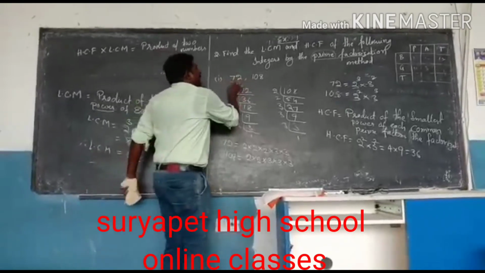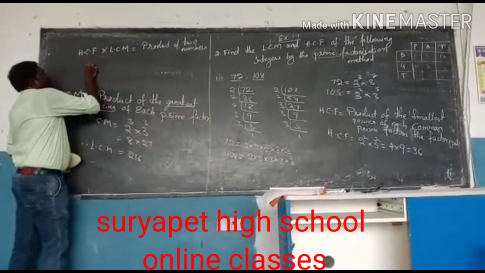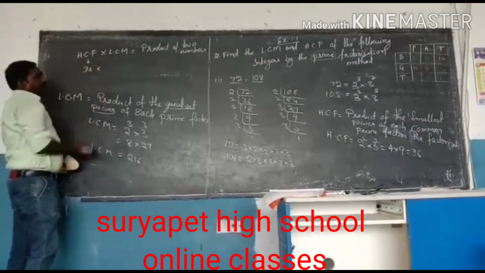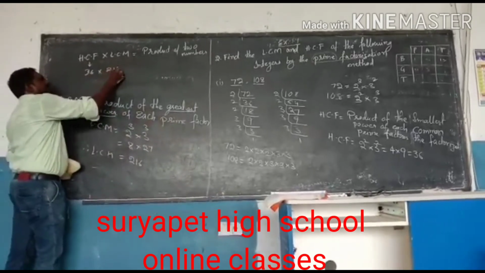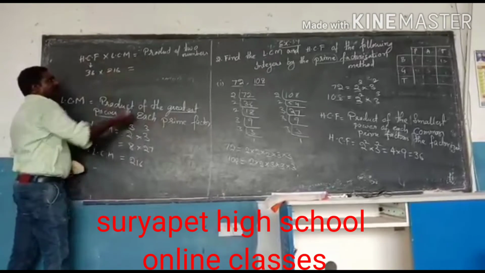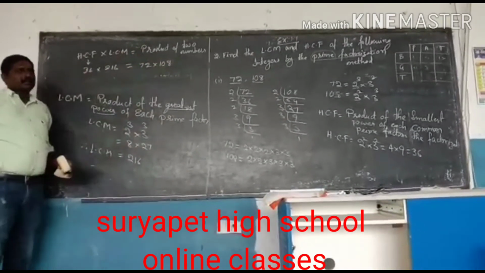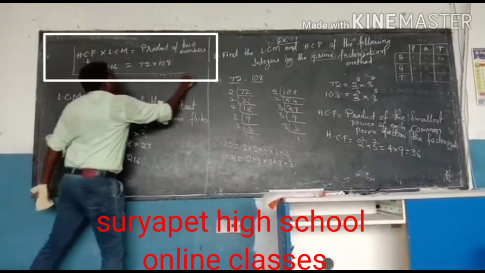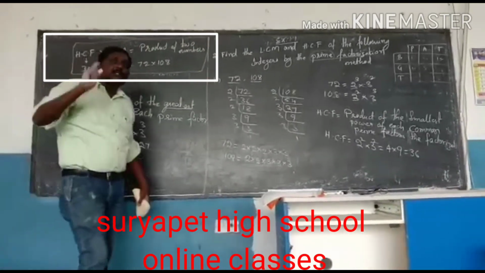What is the HCF of 72 and 108? We get the answer 36. HCF answer is 36 into the LCM answer, 216, is always equal to 72 into 108. You may verify this. Always this statement will be true.